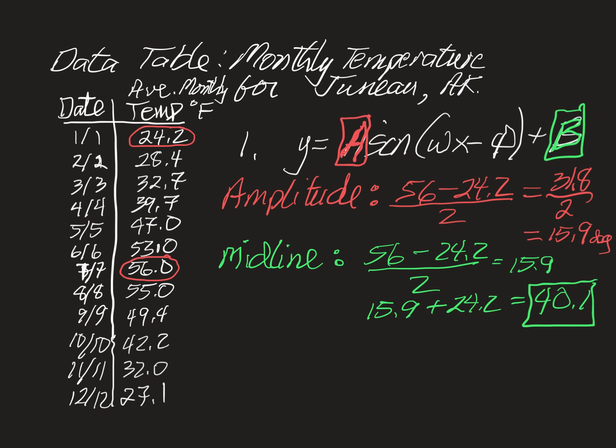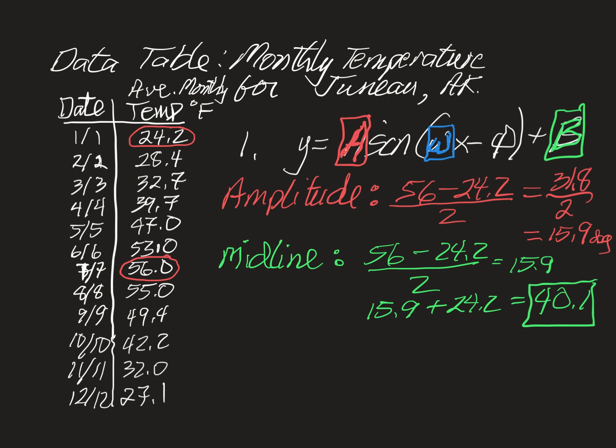So the next thing to find would be our period, omega here, which is typically the variable they use for period, by the way, or the value we get from finding the period, okay?